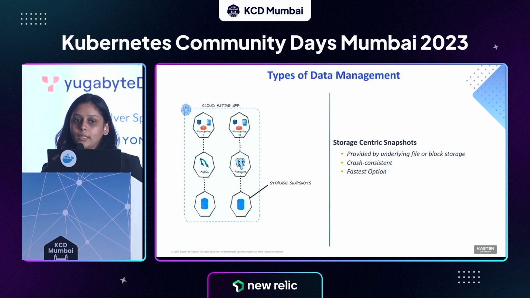So what are the different types of data management? Firstly, typically a cloud-native app consists of a database, persistent volume, and different Kubernetes resources that can manage those databases and different resources as well. One of the ways to protect the application is to take storage-centric snapshots.